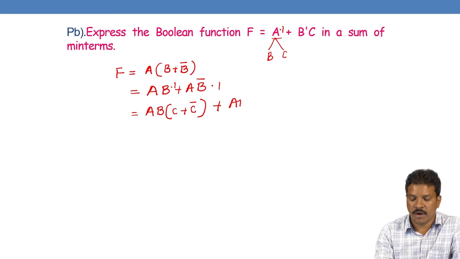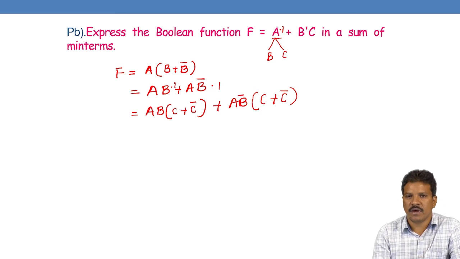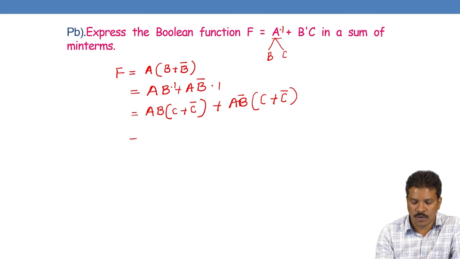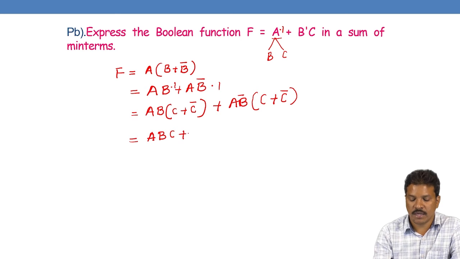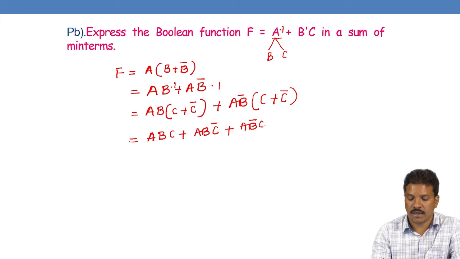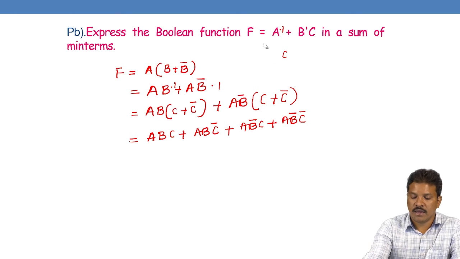According to the Boolean theorem, 1 can be written as C + C'. So inserting that inside, we get ABC + ABC' + AB'C + AB'C'. This converts the A term into canonical form.